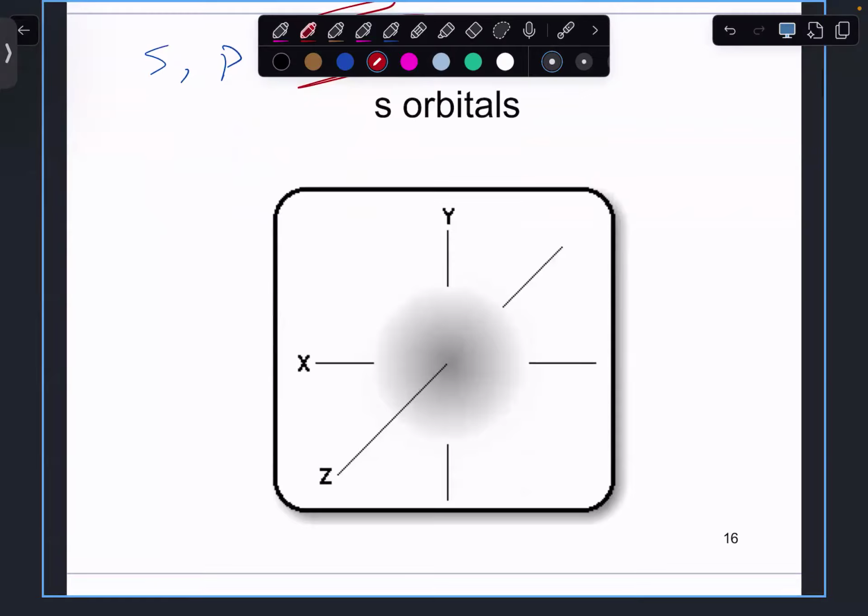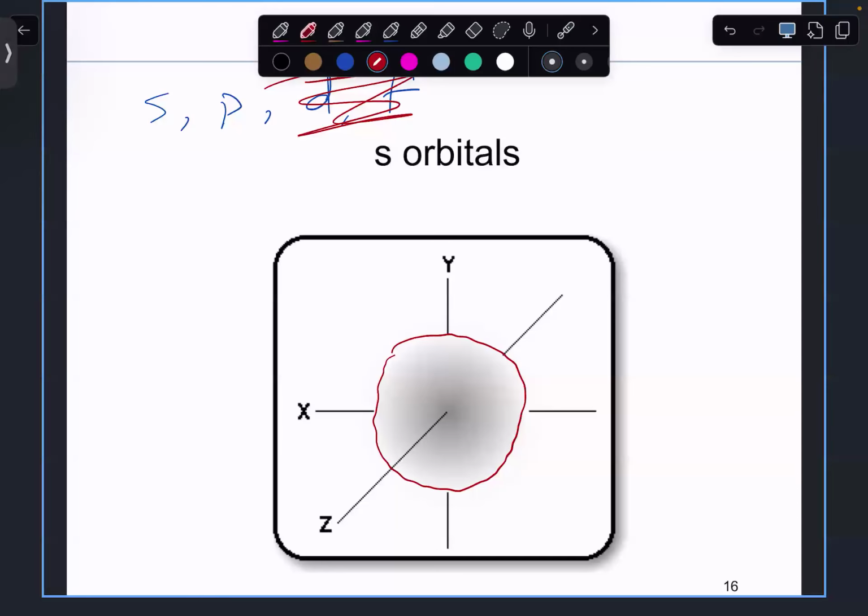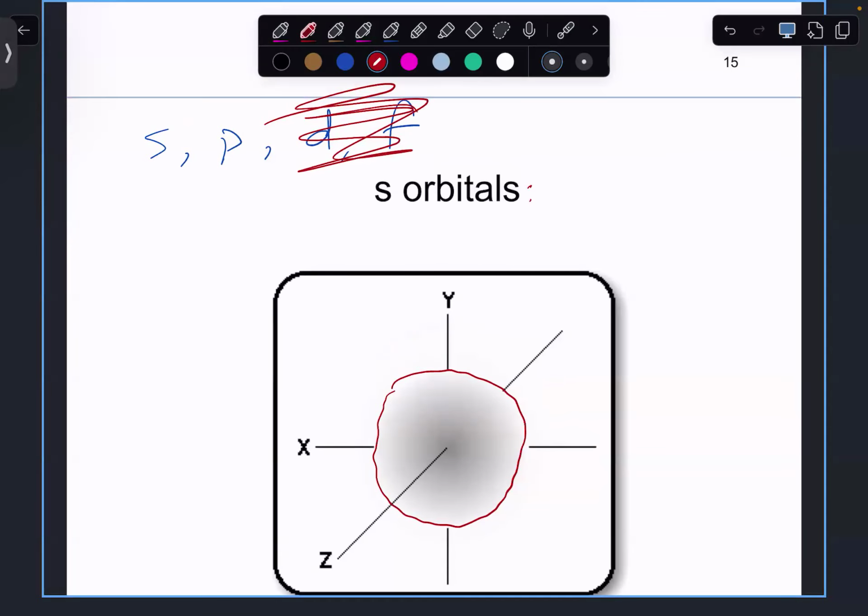But the s atomic orbital, you'll notice, is basically spherically symmetrical. And when I talk about an orbital, remember all we're referring to is a region of electron density. Saying it another way, it's the likelihood of finding an electron.